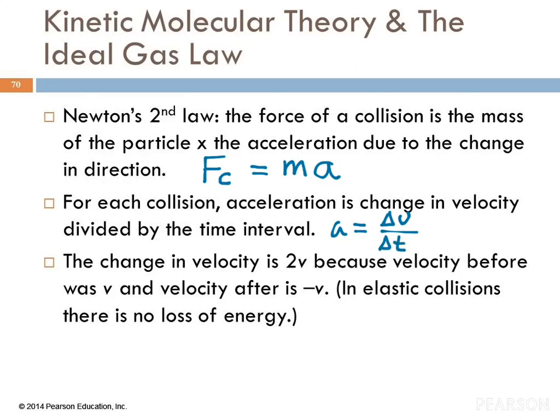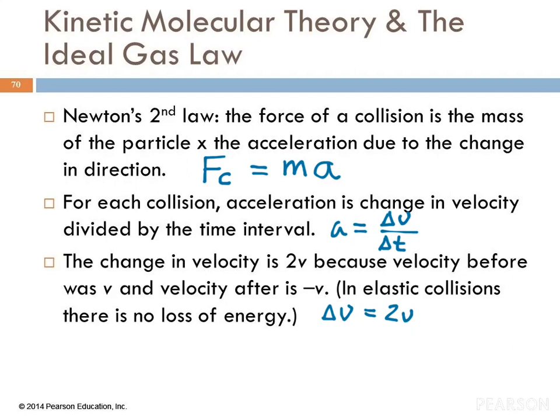For a particle hitting a wall, the change in velocity is twice the velocity. Because it's going plus v into the wall, it bounces off, now it's going minus v. So delta v equals 2 times v, whatever v is.